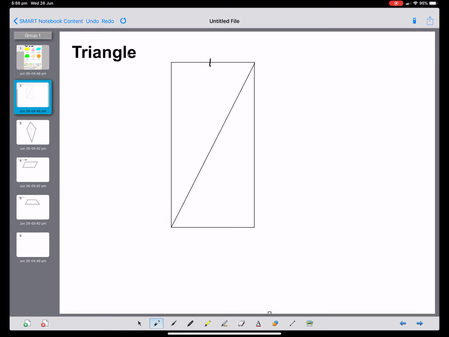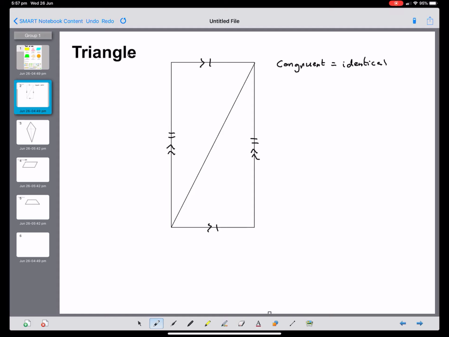We have equal sides, we have parallel sides, and as you can see, the diagonal splits the shape up into two congruent triangles. So I'm going to write that down. Congruent in maths is the same as identical.